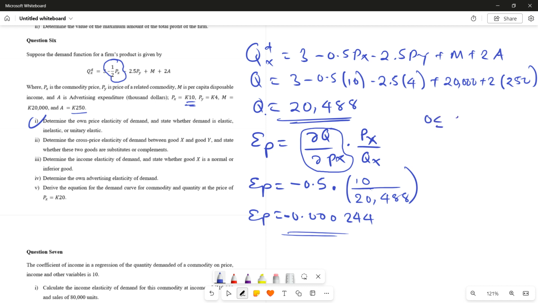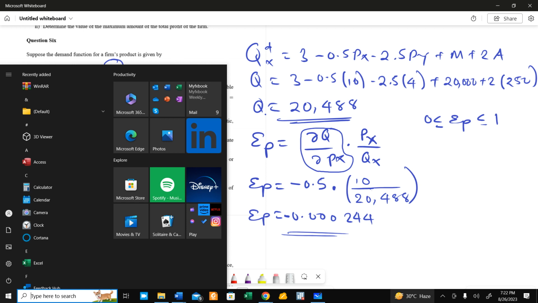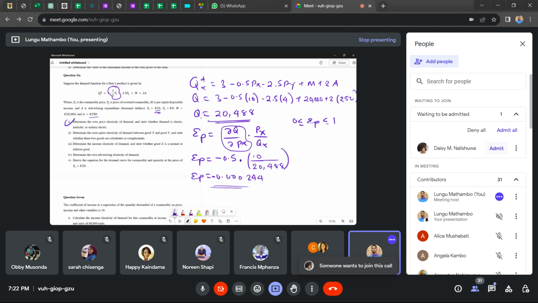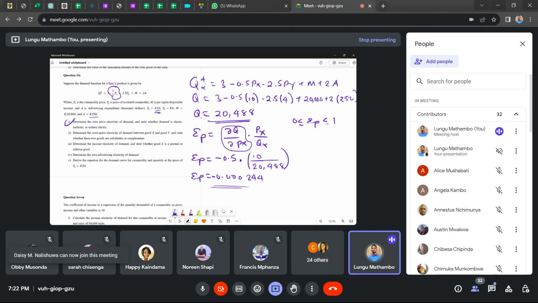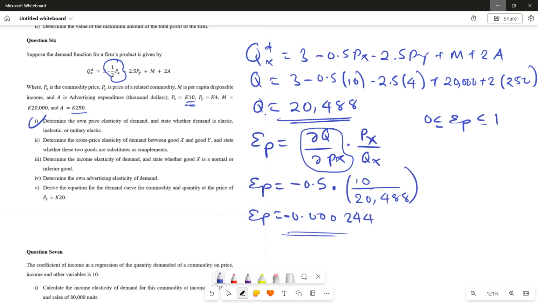If you have calculated your value of elasticity and your value is lying between 0 and 1 in absolute terms, what do I mean by absolute terms? I mean that after introducing the modulus, the way this answer is negative, right?